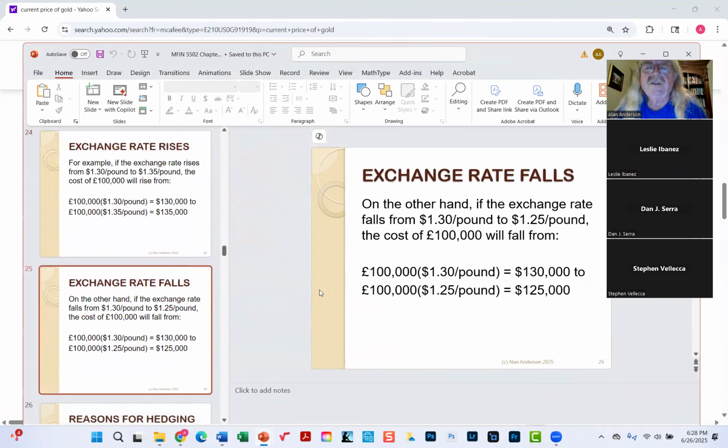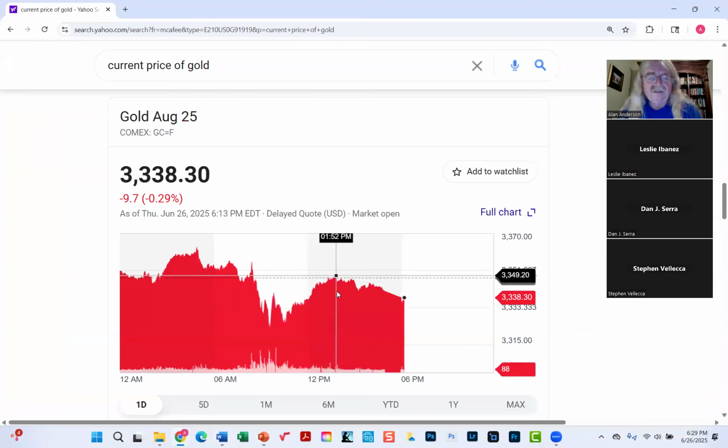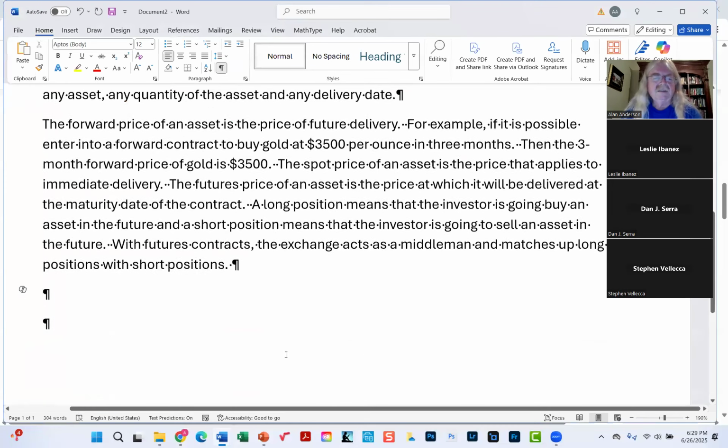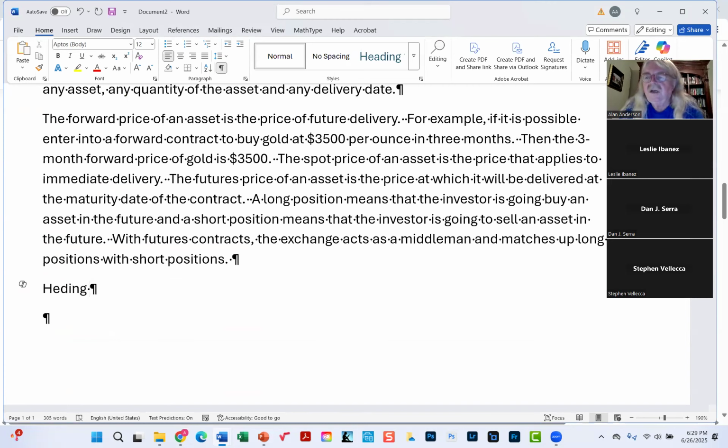So yeah, this is our discussion about exchange rates. The purpose of hedging is to simply lock in a price at which you can buy or sell. It's the opposite of speculation, of course. So hedging, the reason why these contracts exist in the first place is to make it easier to hedge risk. But of course, a lot of people use them to speculate as well.